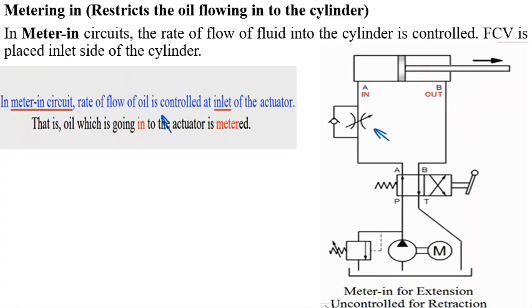The 4 by 2 direction control valve is manually shifted to the right envelope, and the flow path configuration is oil from the pump goes to the rod end, like this. There is a free flow compared to a normal cylinder.